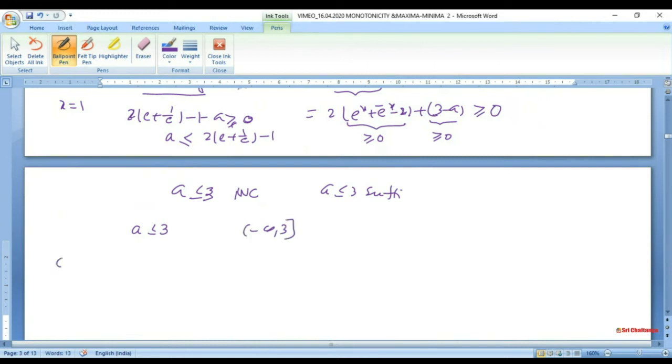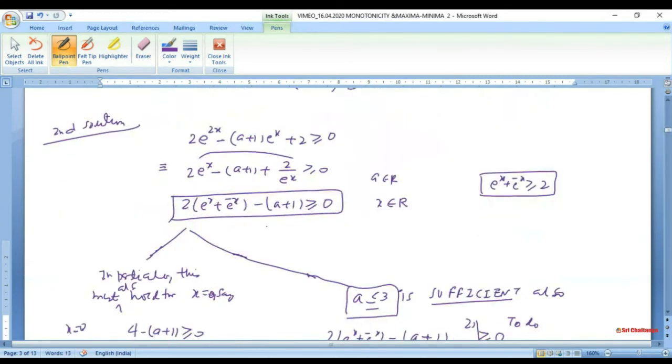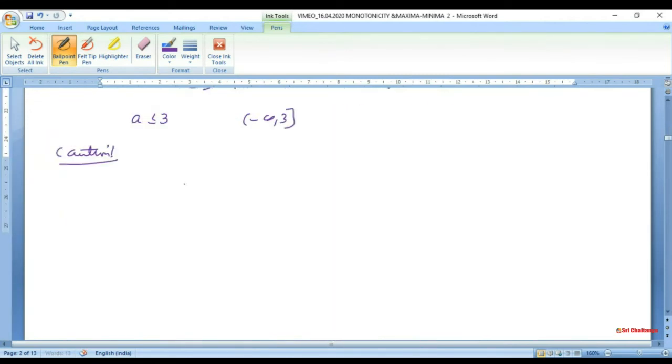One word of caution: suppose in this step here we want this to hold true, so someone writes that he wants 2 to be less than or equal to e to the power x plus e to the power minus x, which is greater than or equal to a plus 1 over 2. And they know that e to the power x plus e to the power minus x is greater than or equal to 2.